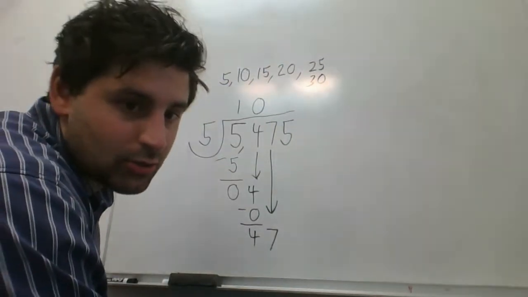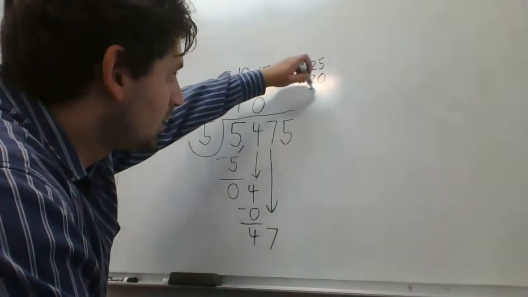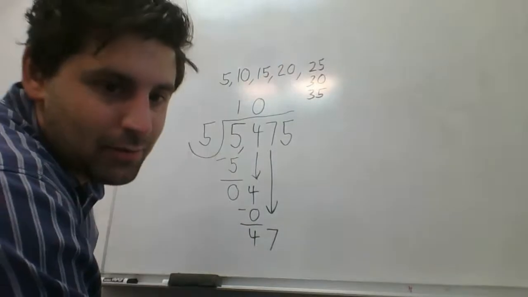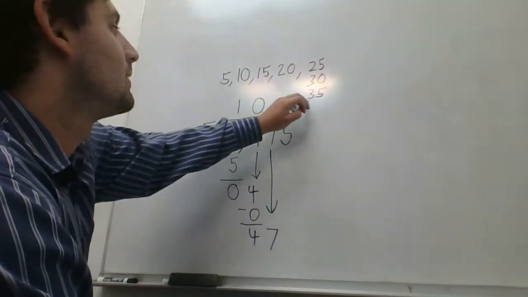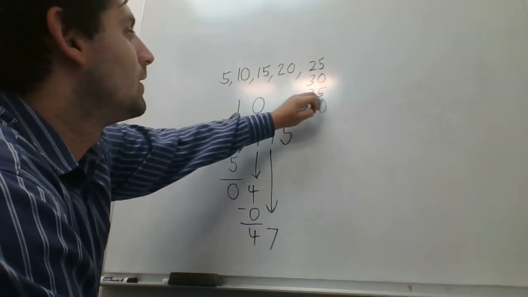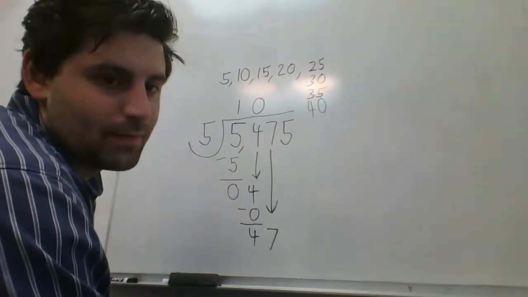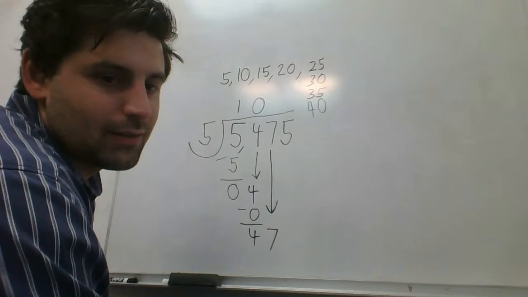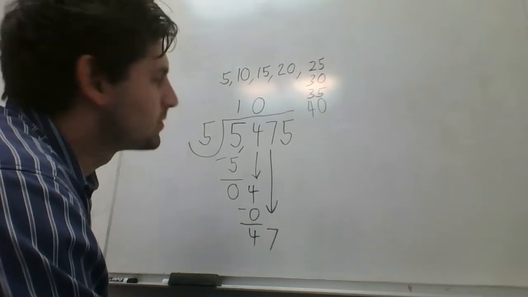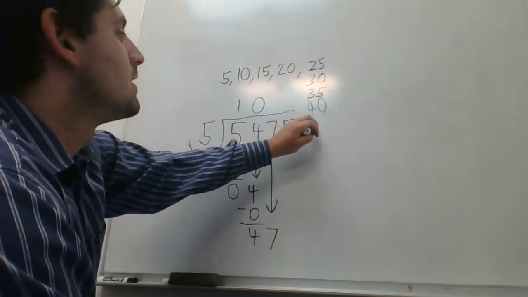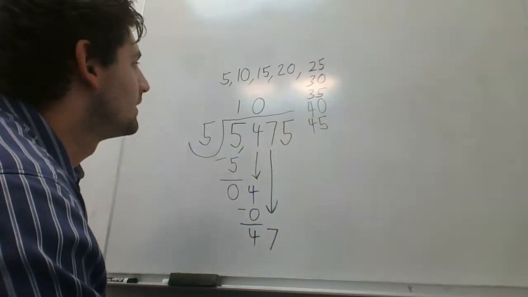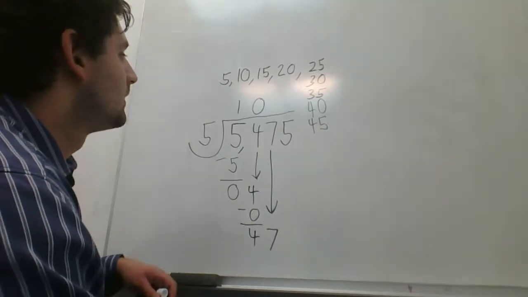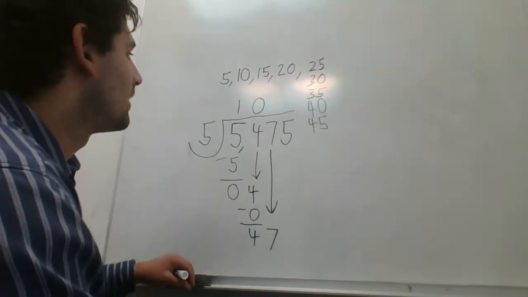30, 6 groups of 5. 35, 7 groups of 5. 40, 8 groups of 5. 45, 9 groups of 5. If I go to 50, I'll be too far.